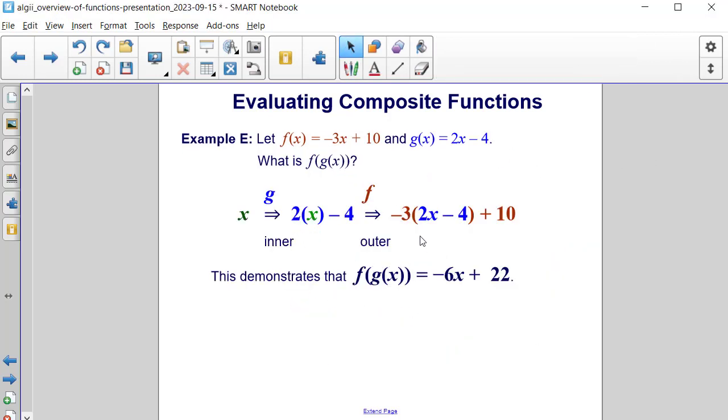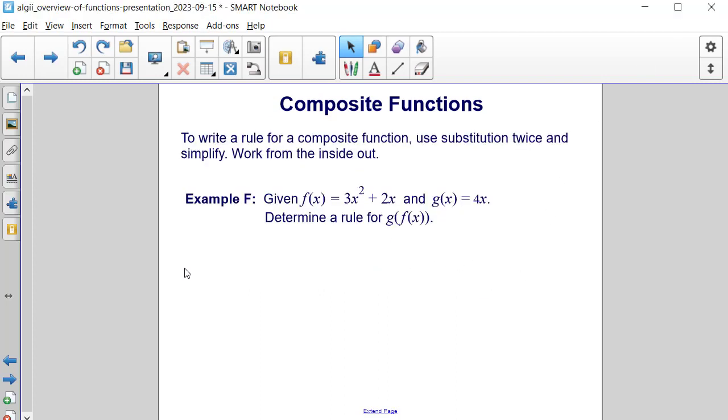And here's the solution to our problem, and it does demonstrate that f of g of x is equal to -6x plus 22. To write a rule for a composite function, use substitution twice and simplify. Work from the inside out.